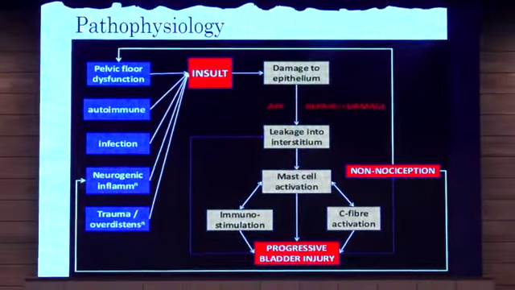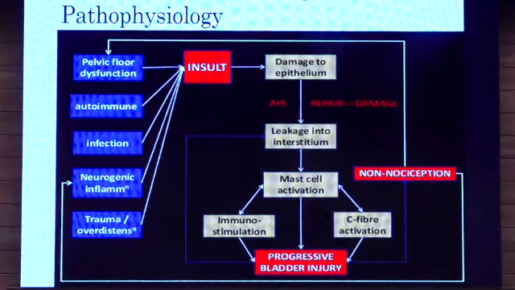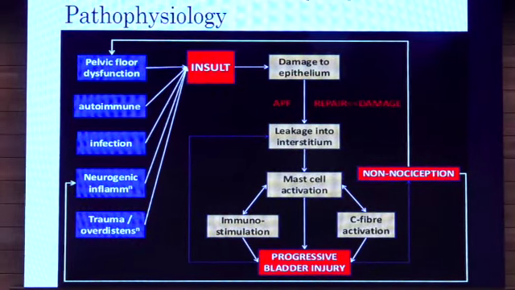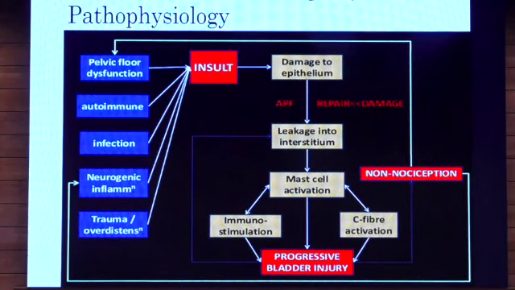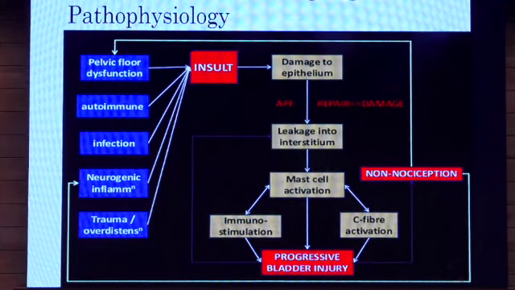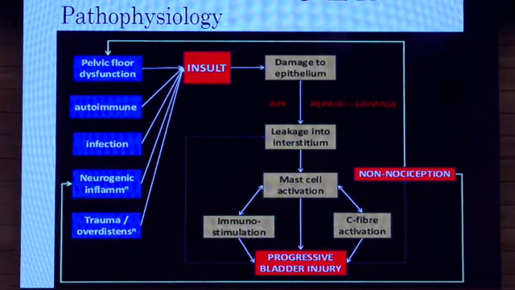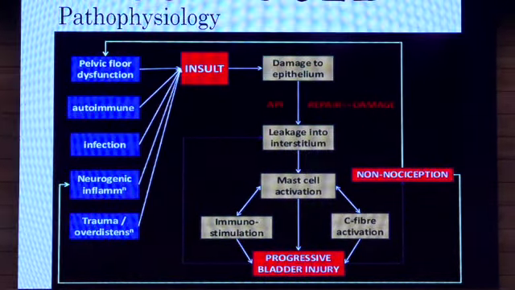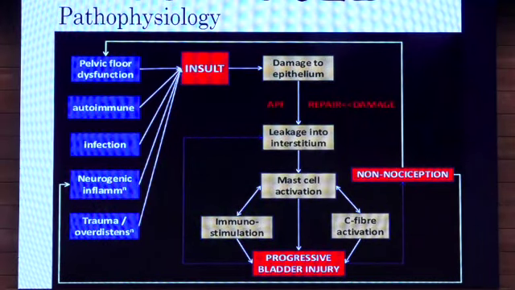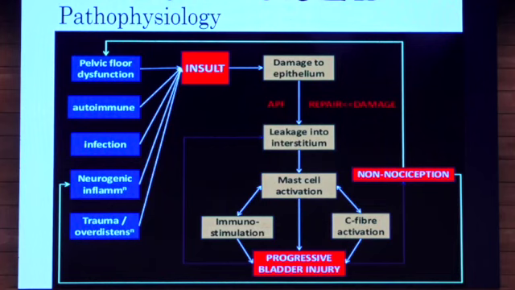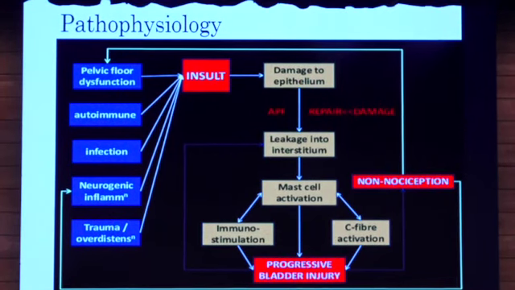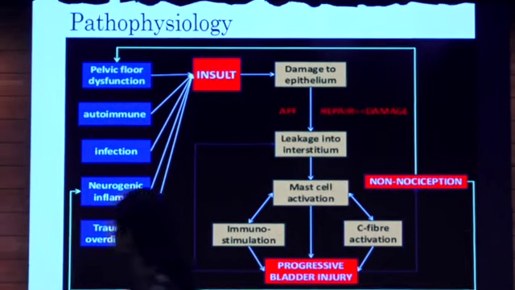If we talk about pathophysiology, we all know there is damage to the GAG layer, the glycosaminoglycan layer inside the bladder. The damage to the epithelium is what I have written. Because of that, your own urine, which is quite toxic and acidic, which you normally don't feel, penetrates inside the wall.